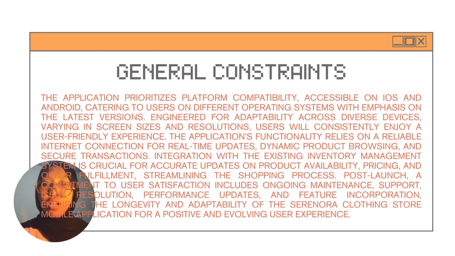So, in this SRS, we have general constraints. The application prioritizes platform compatibility, accessible on iOS and Android, catering to users on different operating systems, with emphasis on the latest versions.